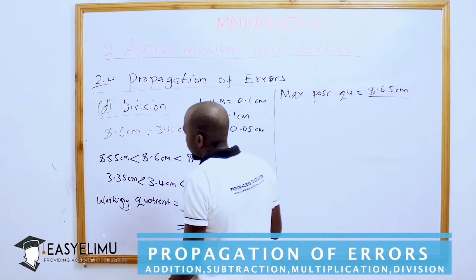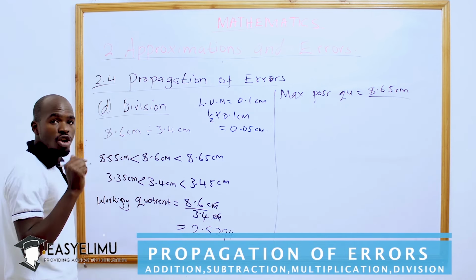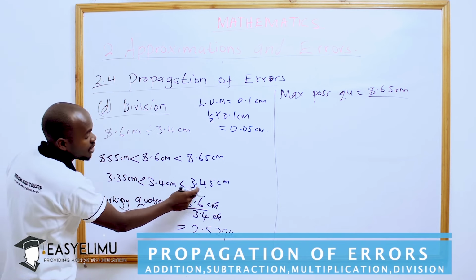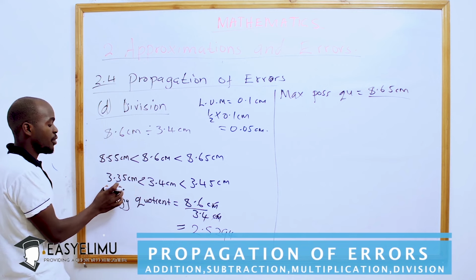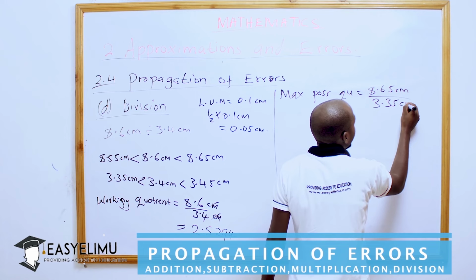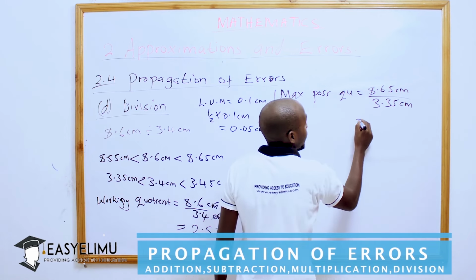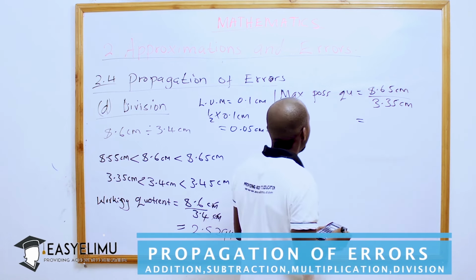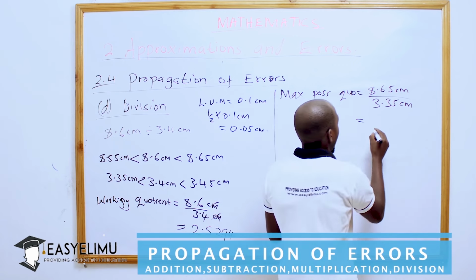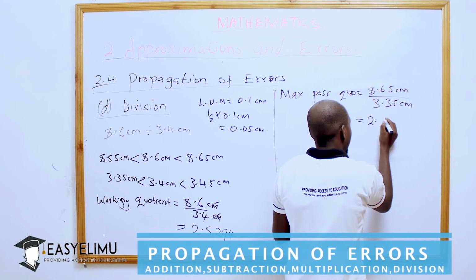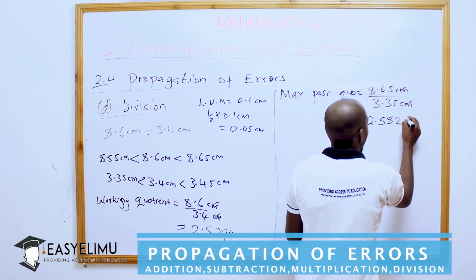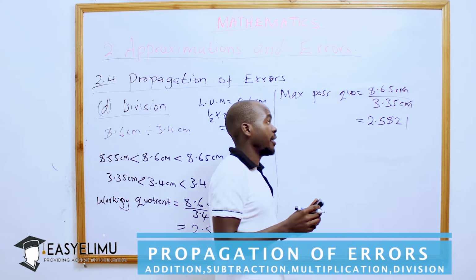Then we shall divide with the lowest lower limit, and for this case, the lowest lower limit is 3.35. So you divide by 3.35 centimeter. Whatever you get here will be the maximum possible quotient, and you get this to be 2.5821 to 5 significant figures.